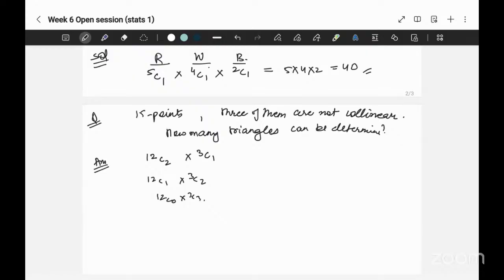Ma'am, the answer can be 455. Okay. Let's see, 3 into 3C1, let's see 1, 3, 6, 15 plus 3. What about others? 455.